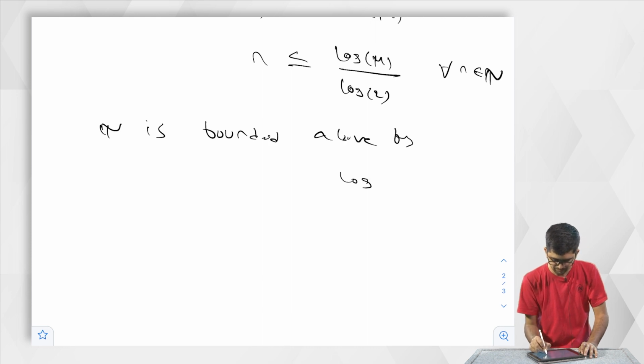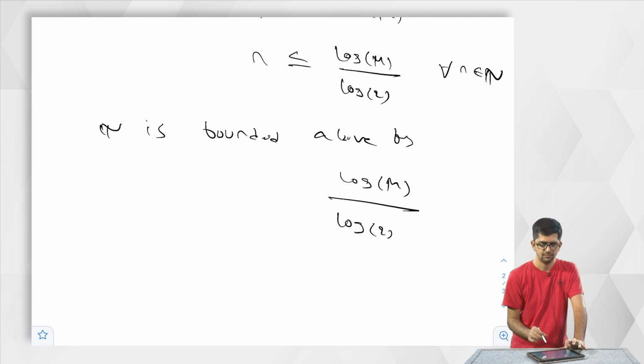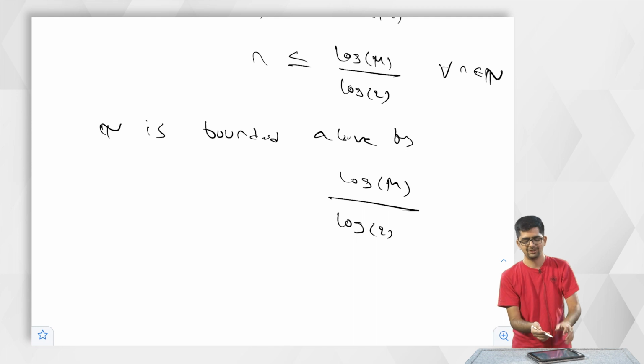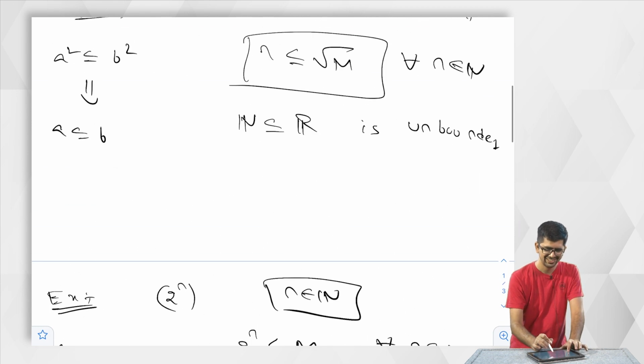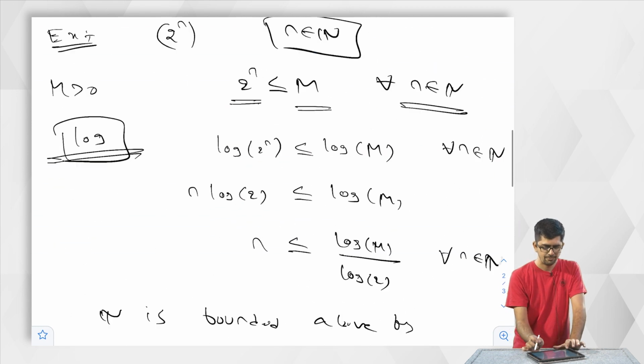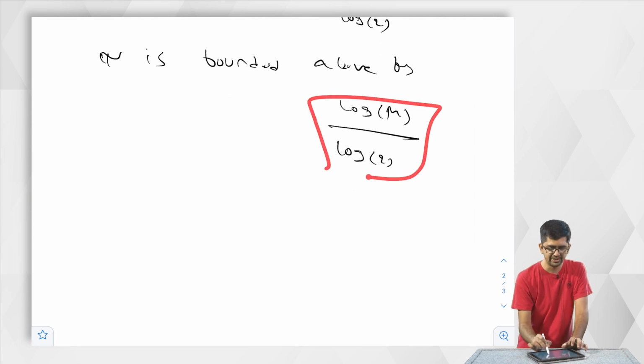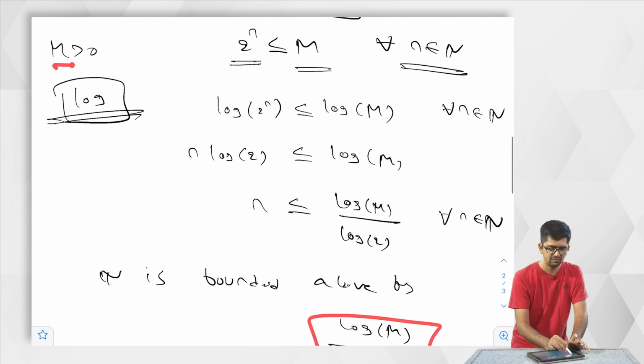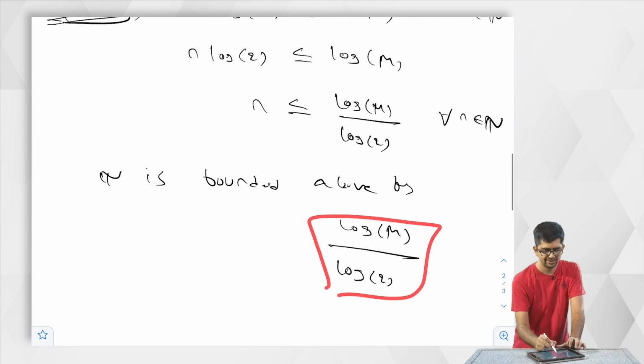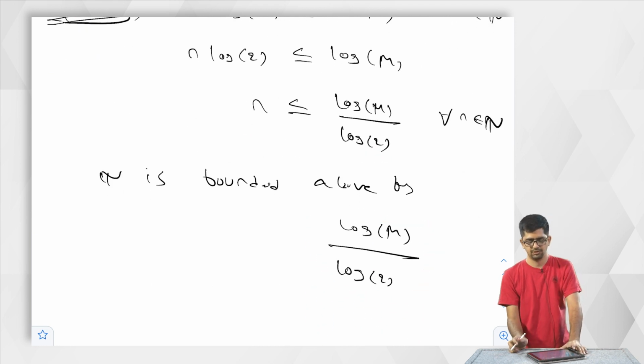So, this is a contradiction we have already seen before, that N is an unbounded subset of R. So, this cannot be the case. There is no element m positive such that n is less than or equal to log m by log 2.